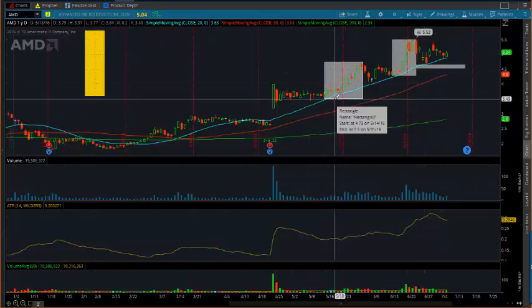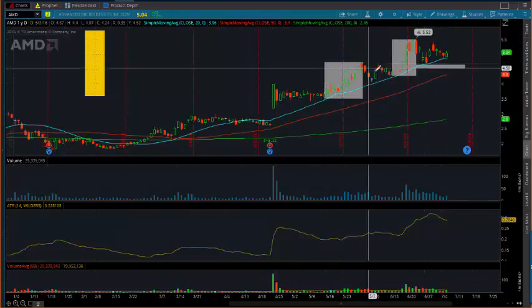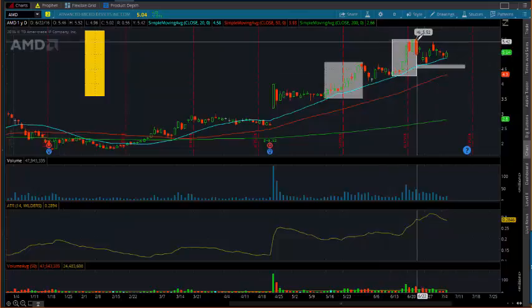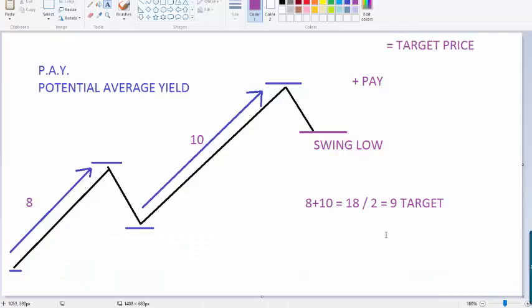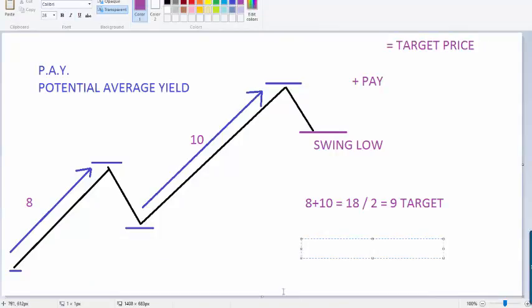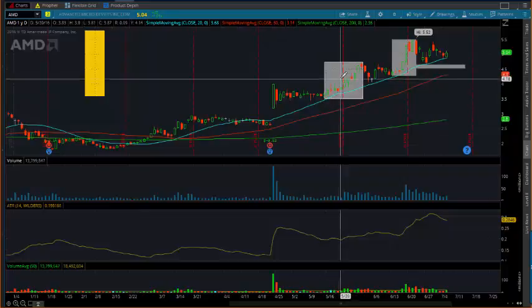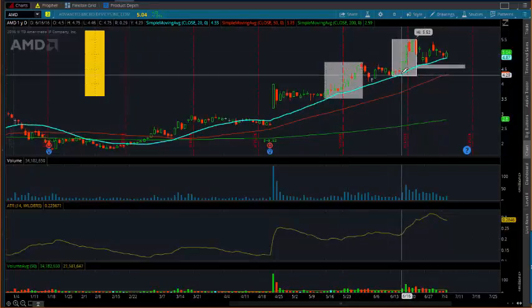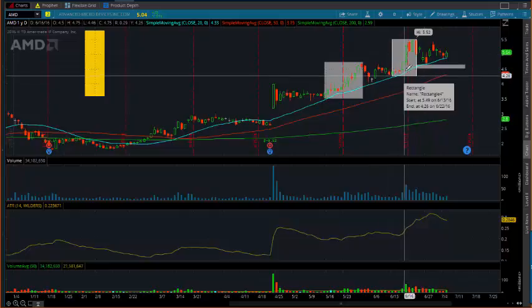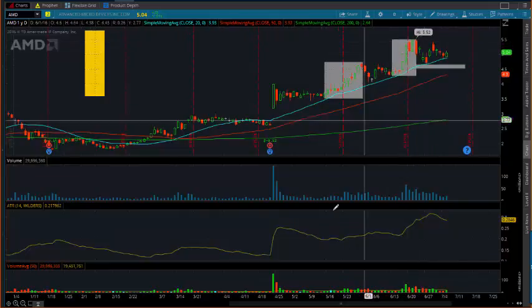From 3.50 to 4.70 is $1.20. 4.20 to 5.50 is roughly $1.30.